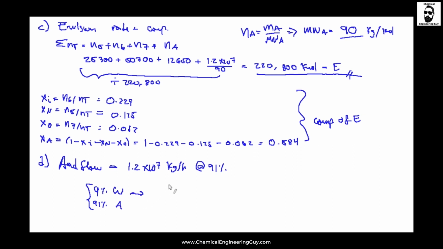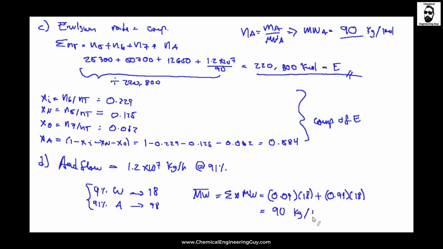Molecular weight of water is 18, molecular weight of acid 98. So the average molecular weight is the addition of all the components times their molecular weight. So 0.09 is the one of water, and this one is the acid. This gives me the 90 kilograms per kilomole I was talking about before.